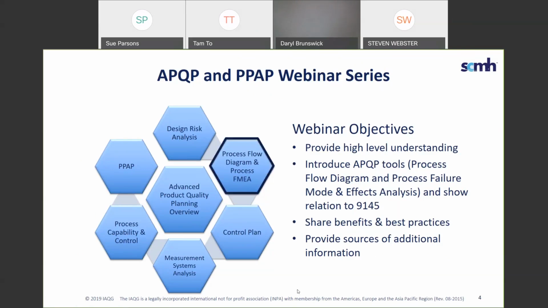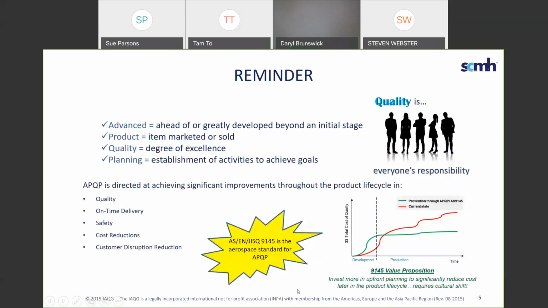So today's webinar, just a reminder before we begin: in the last two previous sessions, we gave an overview on advanced product quality planning, but we wanted to bring this up again. Advanced within advanced product quality planning means that the activity is happening ahead of or greatly developed beyond the initial production stage.